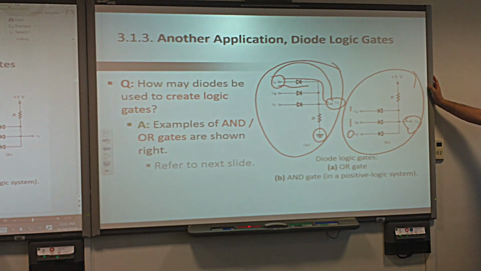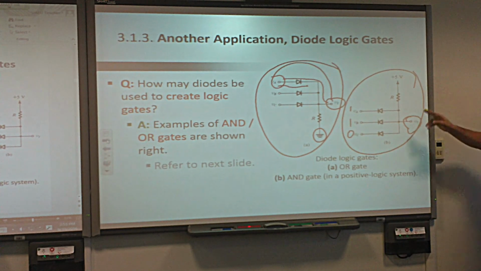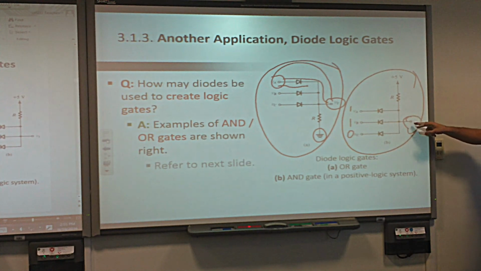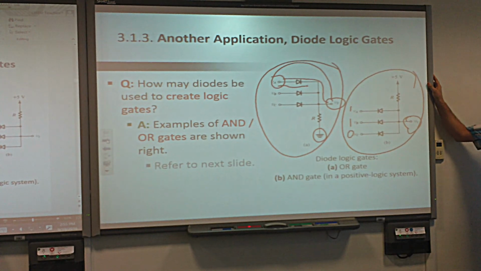But why? Why is an AND gate? It's open circuit. Okay, can somebody tell me in this case what's the output voltage here? 0. Because I equals 0. Open circuit, I is equal to 0, so this becomes 0?